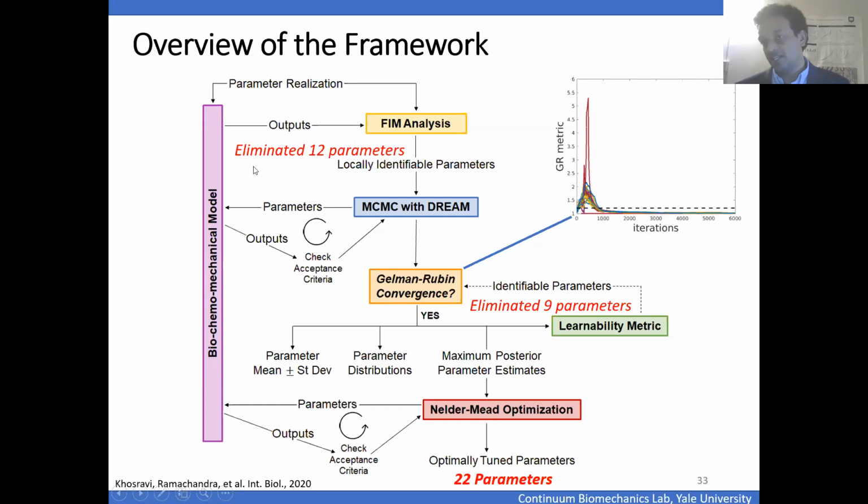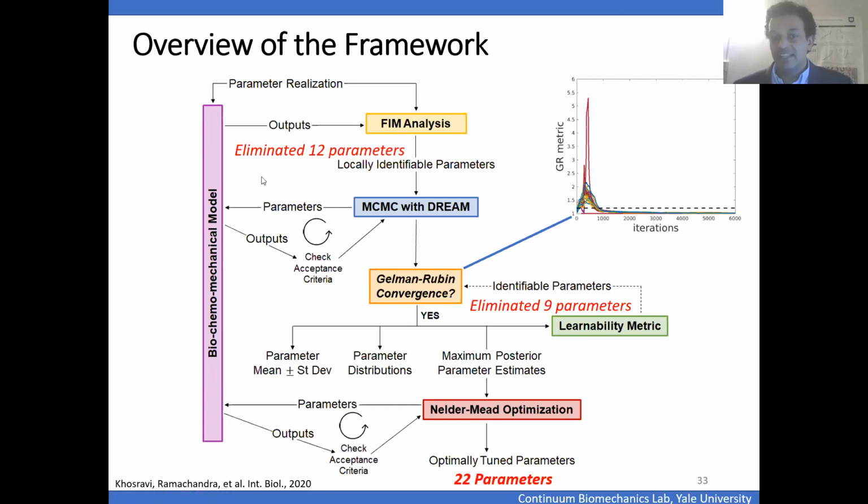So I fix them to a biologically reasonable value. And then I run my MCMC DREAM, and Gelman-Rubin convergence is one of the commonly used metrics to check if your Markov chains have converged.